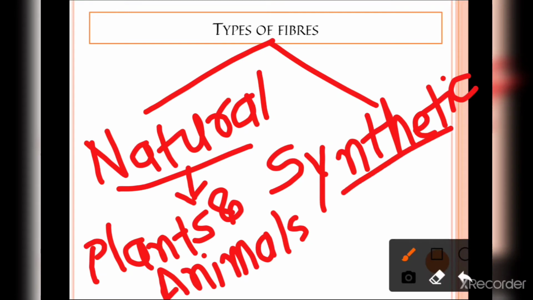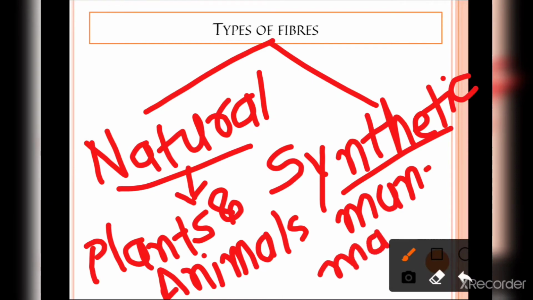What is synthetic fiber? Synthetic fiber means man-made fibers. मीन्स हम लोग वेरियस काइंड्स ऑफ केमिकल्स को मिक्सअप करके जो फाइबर्स बनाते हैं दैट विल बी कंसिडर एज अ सिंथेटिक फाइबर. Okay, so moving to the next one.